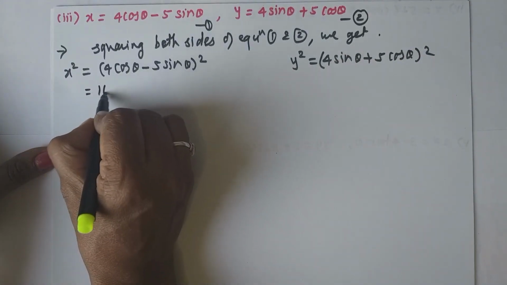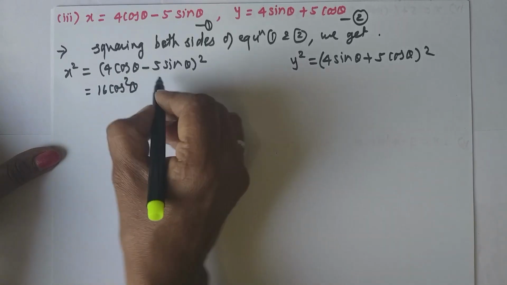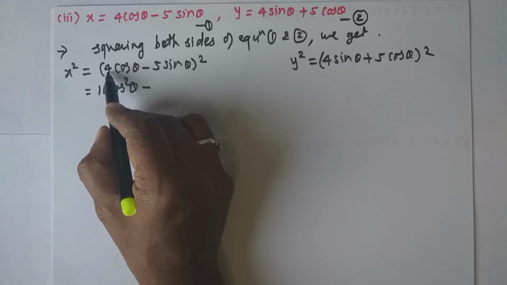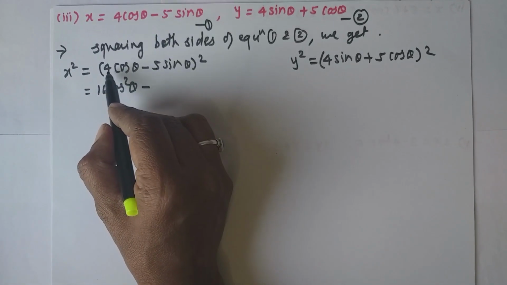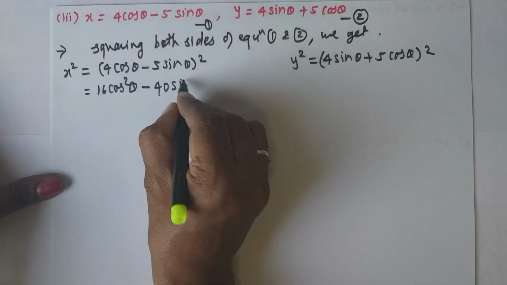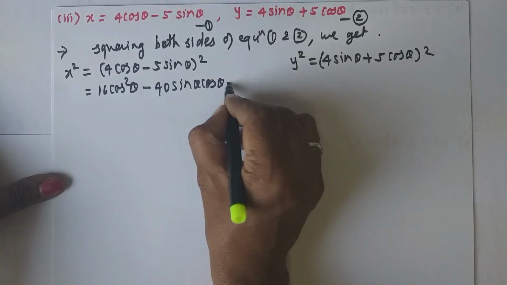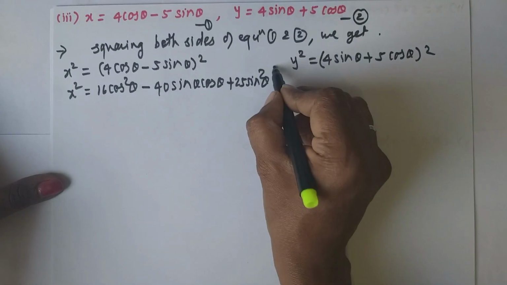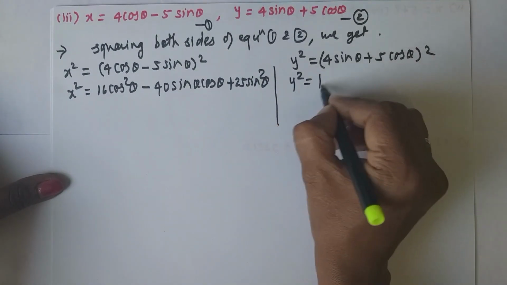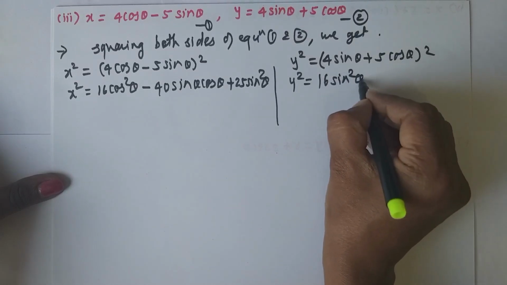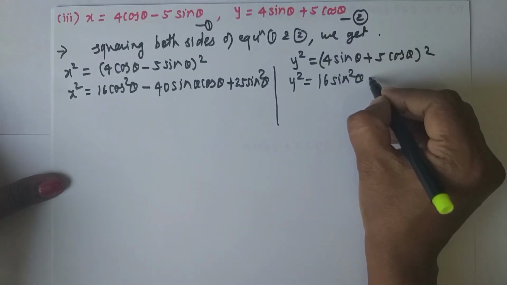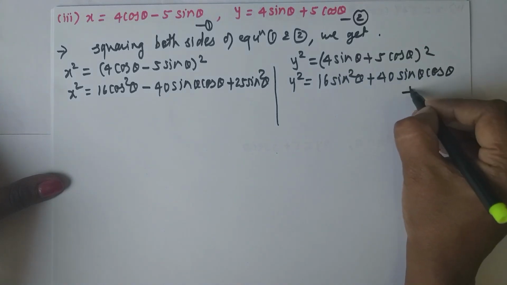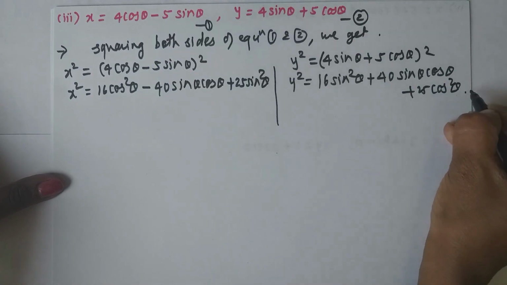This will be 16 cos square theta minus 2 times first term into second term, that is 2 into 20, 5 into 4 is 20, 20 into 2 is 40 sin theta cos theta, plus 25 sin square theta. Then for this equation, you write down y square is equal to 16 sin square theta, 2 times first term into second term, that is plus 40 sin theta cos theta, plus 25 cos square theta.